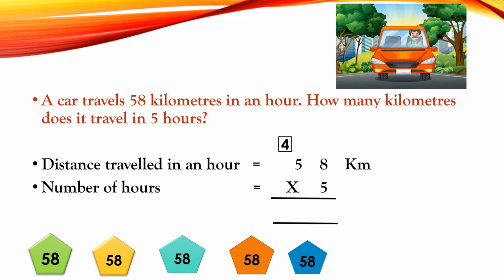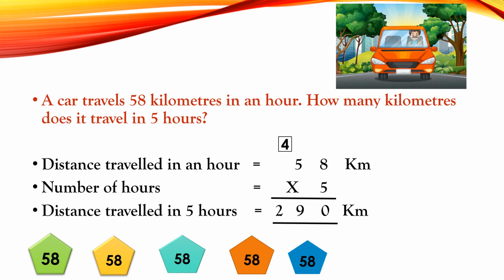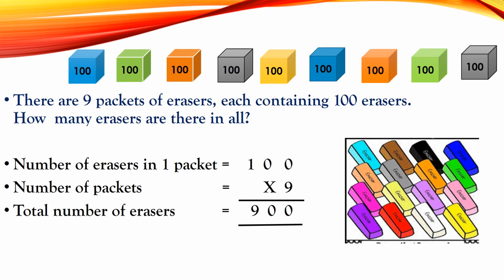You write it as it is from the question. Next, the answer statement, which is distance travelled in 5 hours. You can pick it up from the question given above, is equal to, now you multiply 58 into 5, which is 290 kilometers.